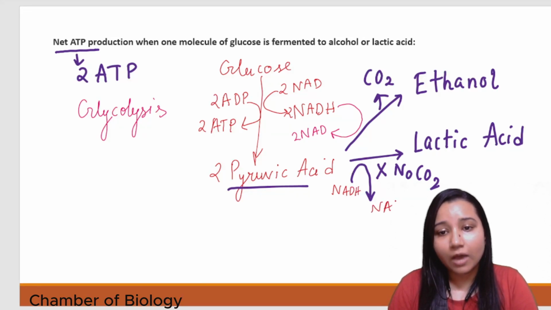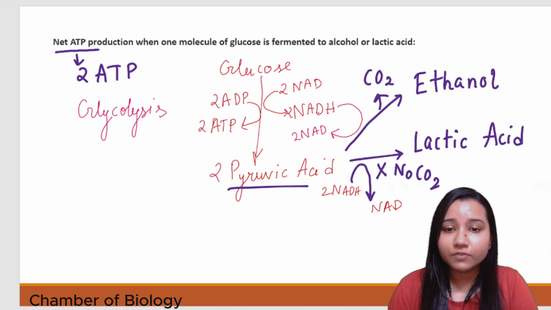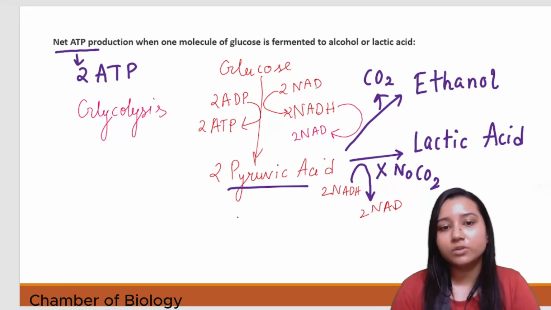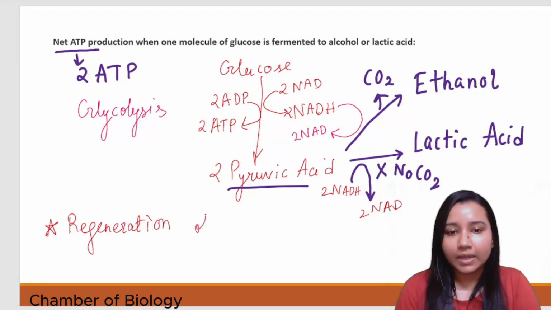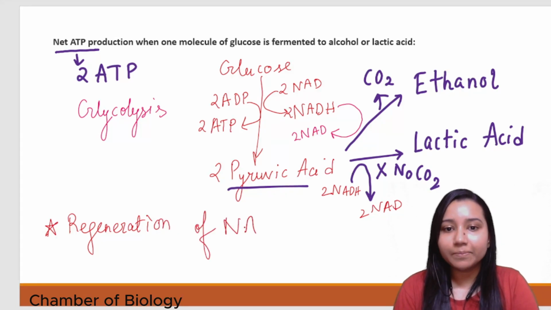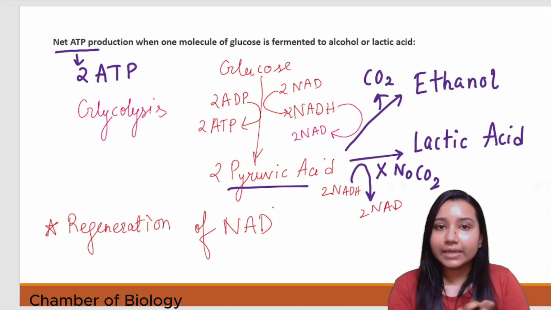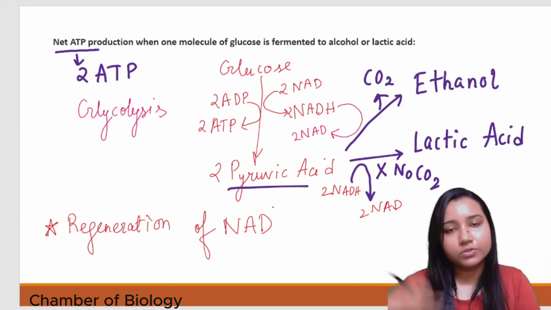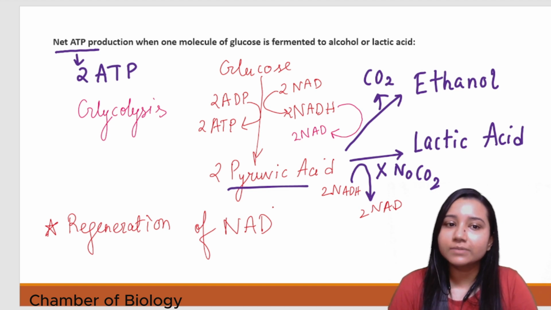So two NADH were utilized in each of these fermentations and two NAD were regenerated. That means the indirect ATP that we used to get from our NADH, we are not going to get it. We used to get it in aerobic respiration, but now the NADH is going to be utilized here.